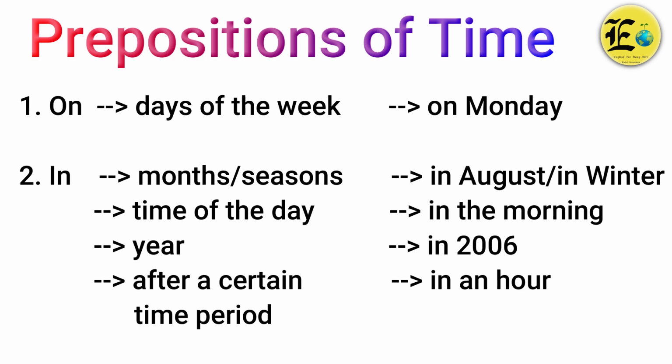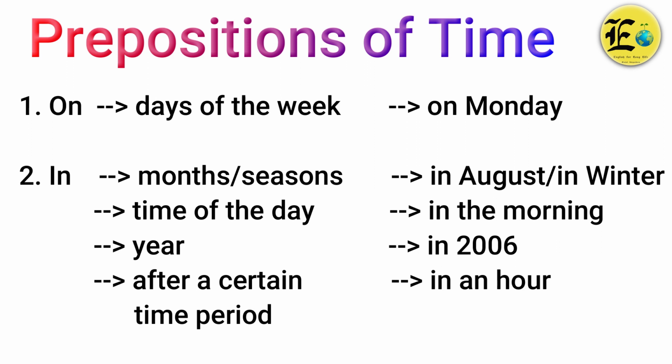The next one is in. In is used to indicate months, seasons, the time of the day, years, and after a certain time period. For example, in August. So remember, in front of a month, we use in. And also in front of a season, we use in. If we need to indicate a time of the day, for example, in the morning, in the afternoon.